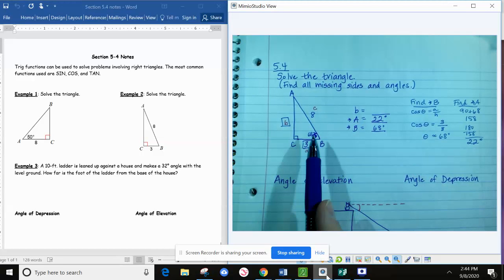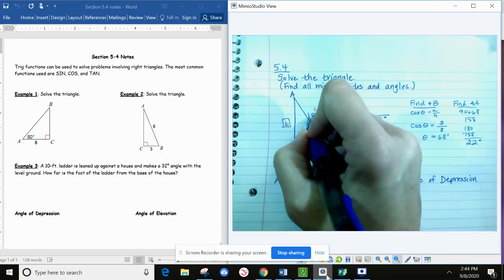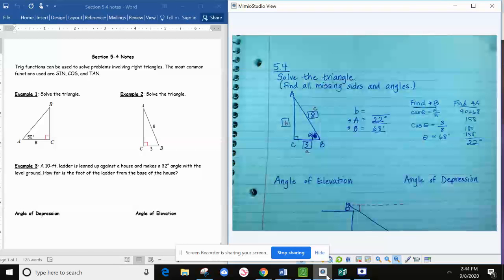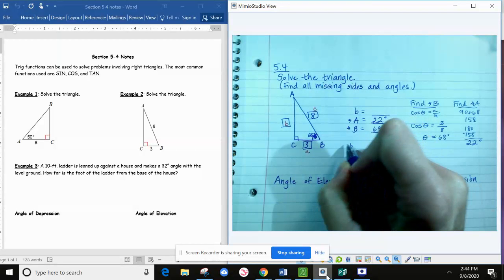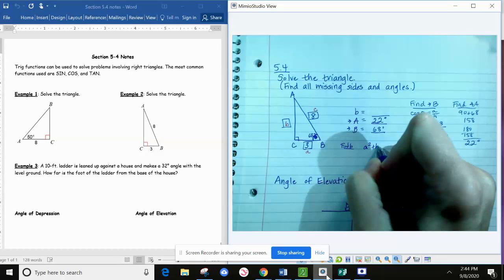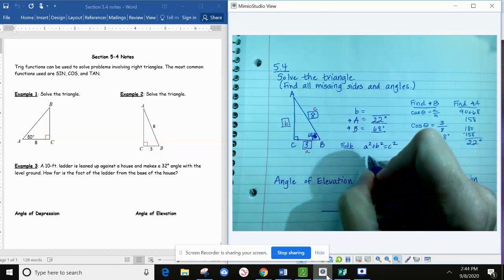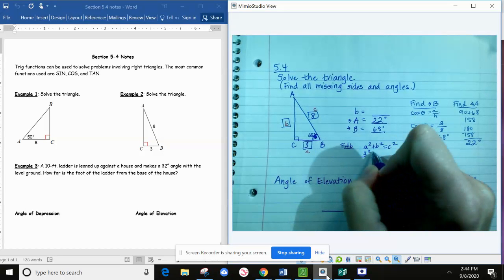Actually, we could use a ratio here, or, better yet, let's not even do that. If we know two sides of a right triangle, we can just use Pythagorean theorem, right? So a squared plus b squared equals c squared. We're going to find side b here. So you don't have to use those ratios. You can just do the old Pythagorean theorem. It works.